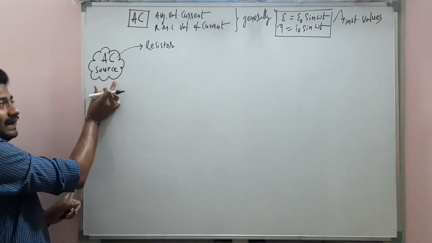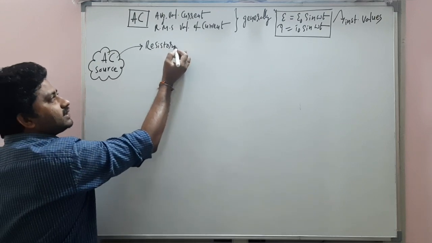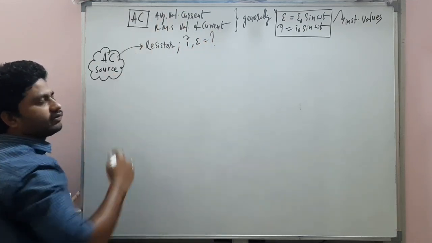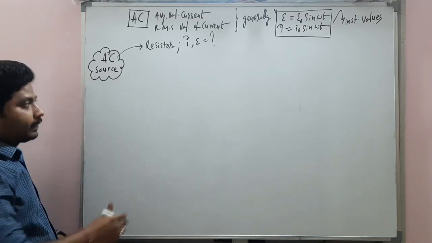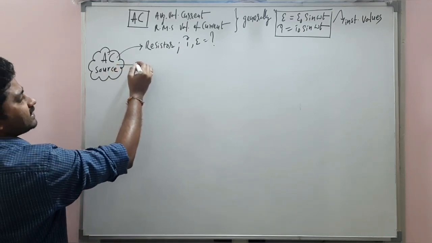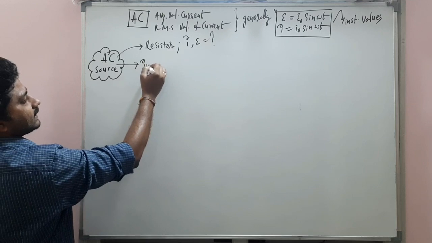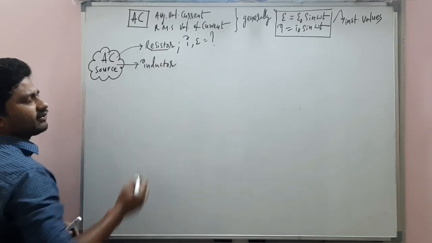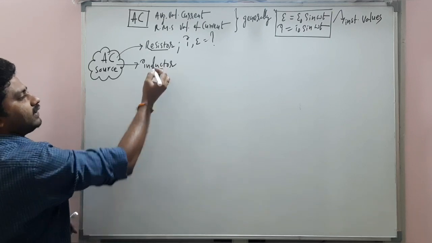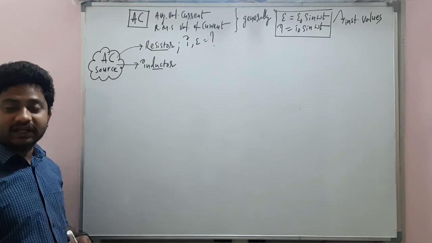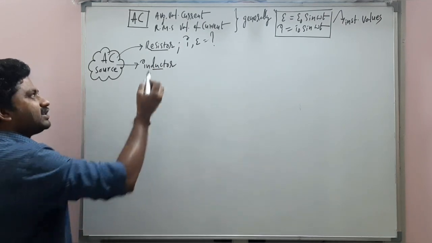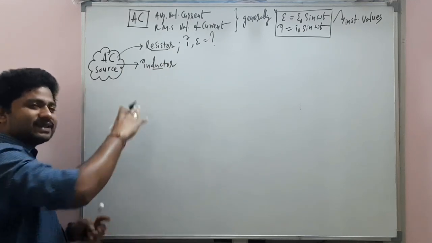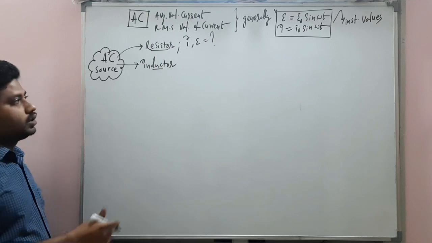When you connect an AC source to your resistors, how about the instantaneous values of EMF and current? When you connect this AC source to an inductor, the resistor opposes the flow of current, the inductor opposes the change of current passing through it.